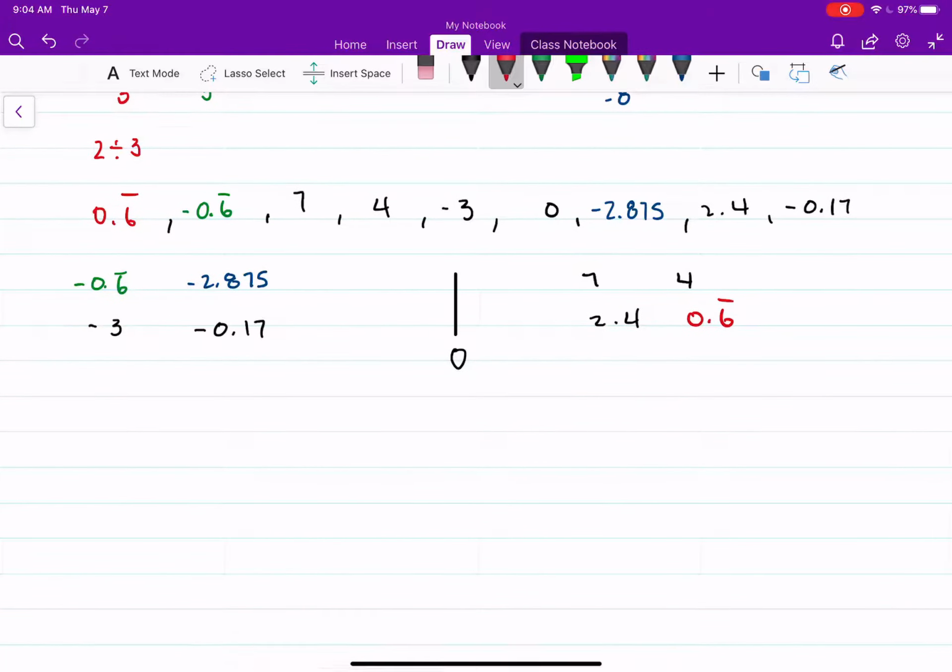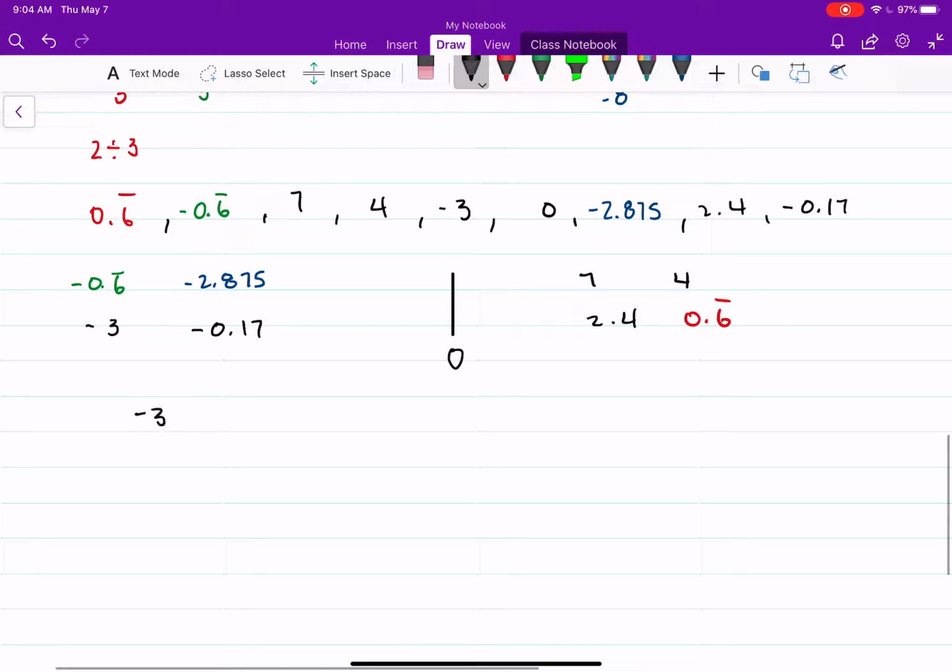So if I had to put this in order, well, let's put the negative side in order first, right? Remember that, think of money. If I'm more in debt, that means I am a smaller amount. So in this case, it's going to be negative 3. And then it's going to be the negative 2.875.